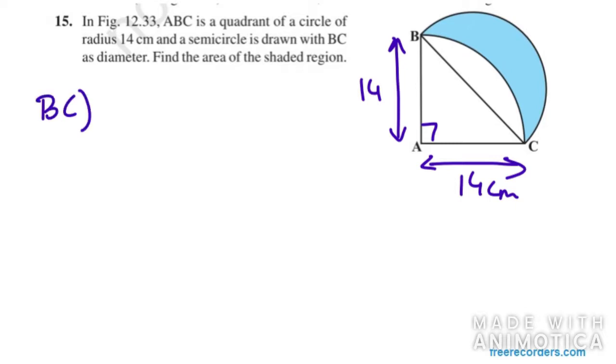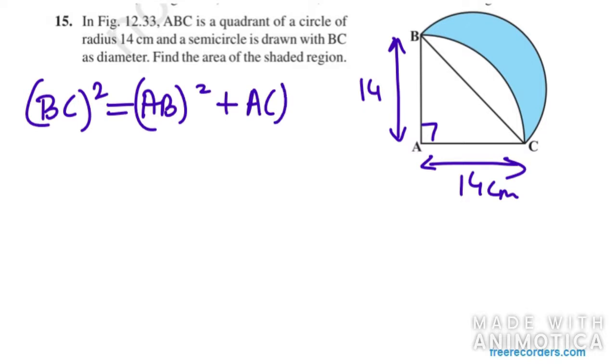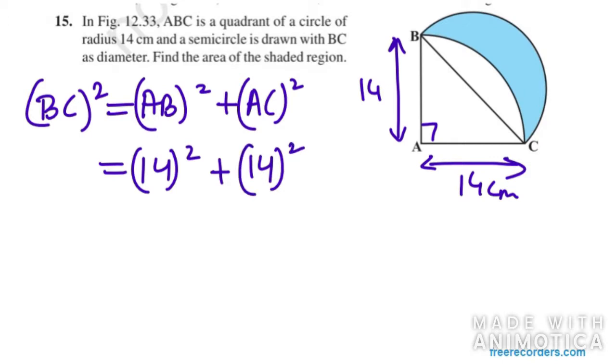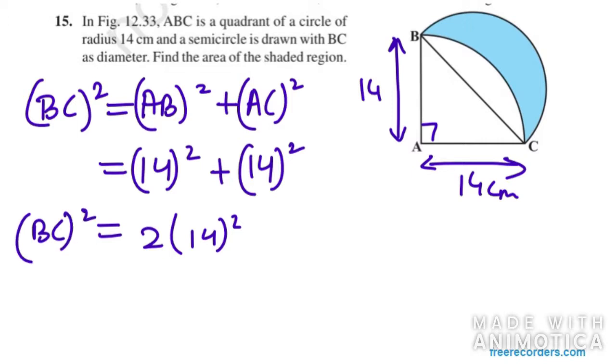So BC square, that is the hypotenuse, equals perpendicular AB square plus base AC square. So AB square is 14 square, AC square is 14 square. It will be twice 14 square. Now when you take the square to the right hand side, it will be under root.